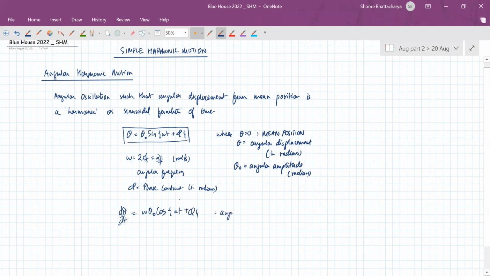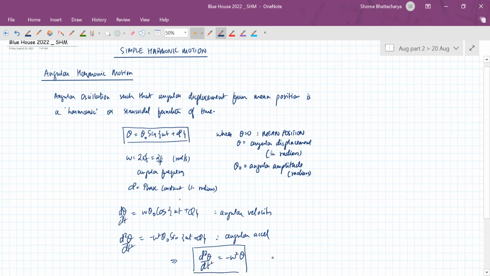This is the angular velocity, and double differentiated, we get the angular acceleration. So we get this condition that angular acceleration is directly proportional to angular displacement and opposite in direction.